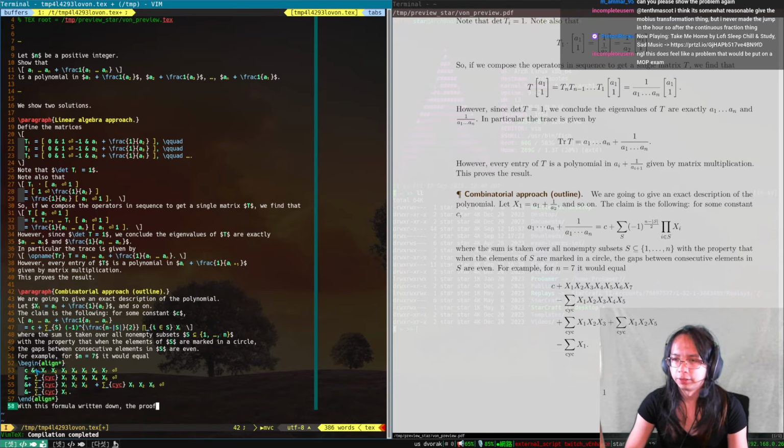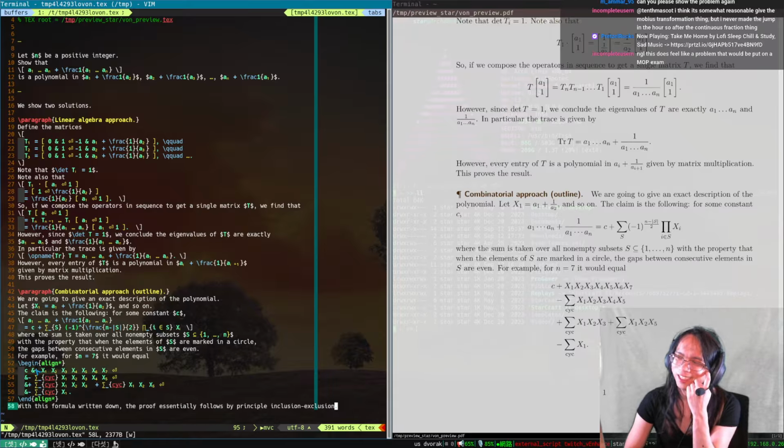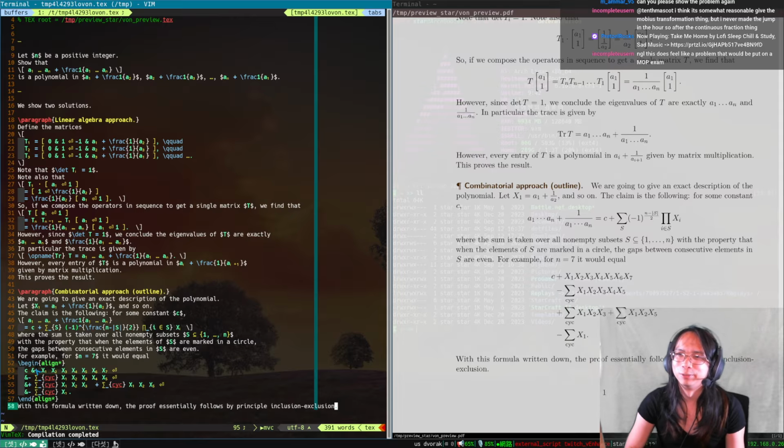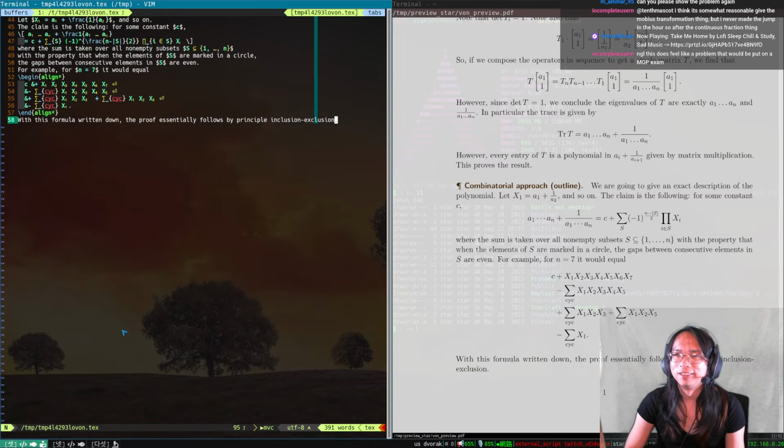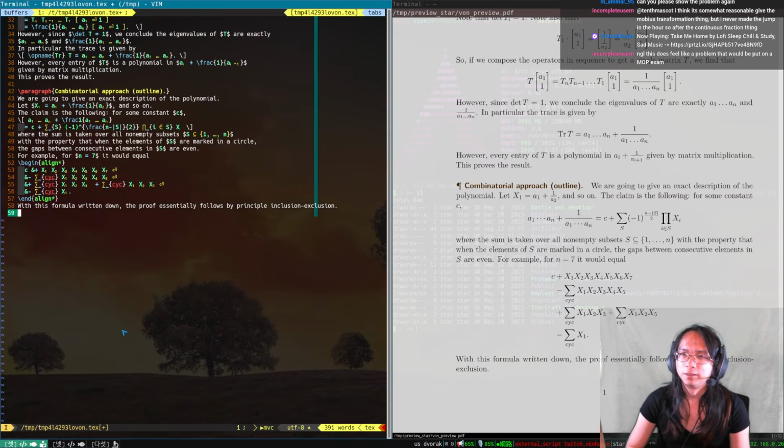The proof essentially follows the principle of inclusion-exclusion. I honestly don't want to write out the rest of it because it's super annoying. It's easier to see from an example.